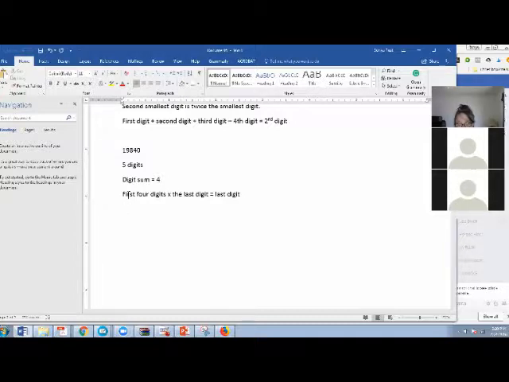All the digits added together equals the digit sum of the first 4 digits. Okay. That's another clue that your last digit is 0. That's pretty good.